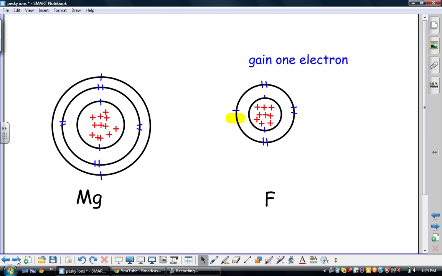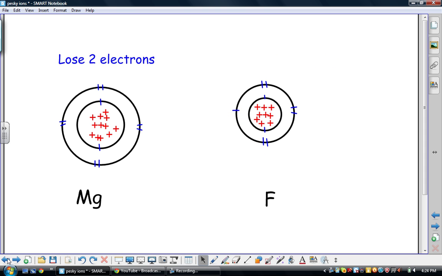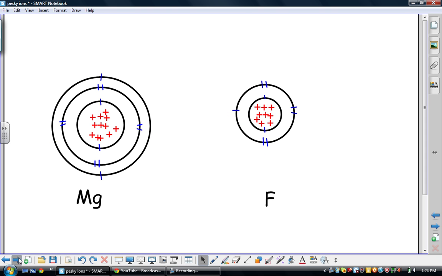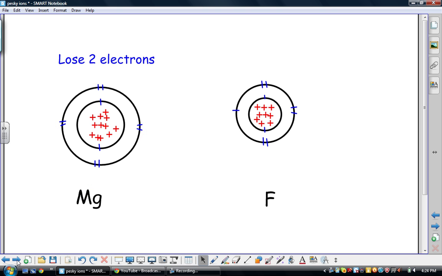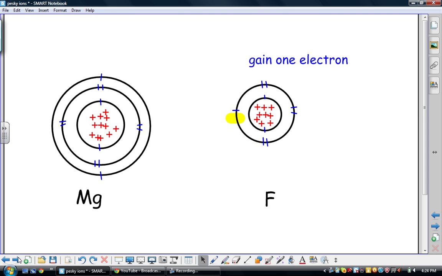Getting 1 is a lot easier than losing 7. Just like for the magnesium, to gain 6 is difficult, but to lose those 2 wasn't that bad. Where would the fluorine get that electron from? It would get it from another atom, like, for instance, something like magnesium that wants to get rid of those electrons.